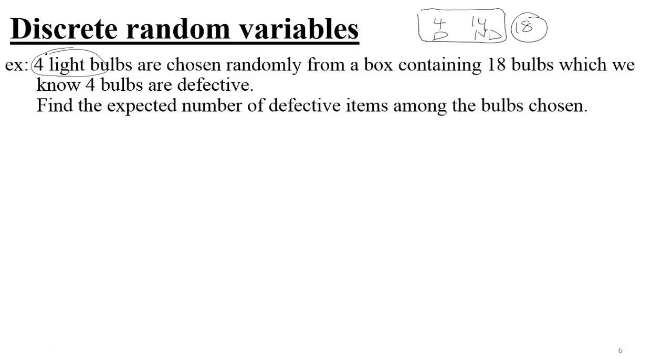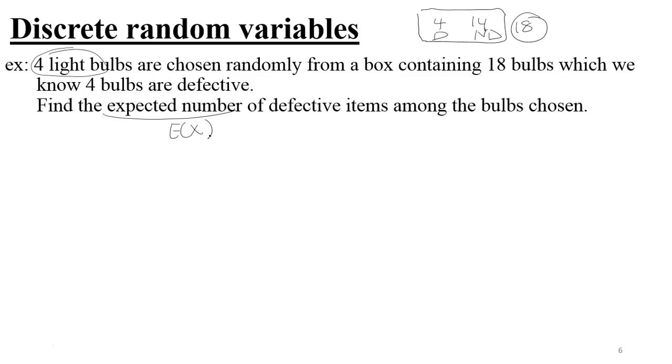And I need to find the expected number of defective items. Whenever we speak of an expected number, that is in fact the expectation of the random variable, or the average of the random variable that you have defined on your random experiment. However, as you can see here, we do not have a random variable defined. We'd have to define a convenient one.